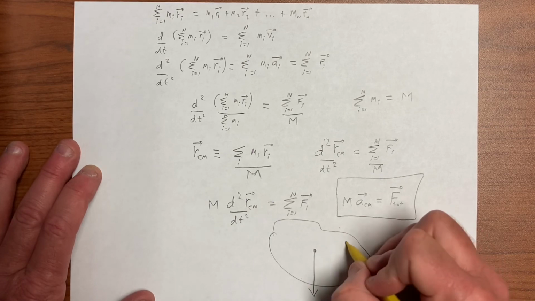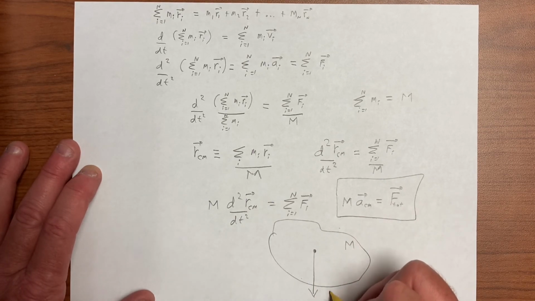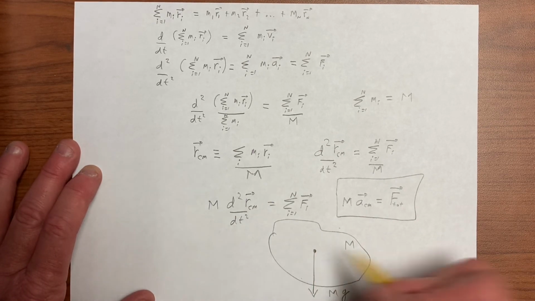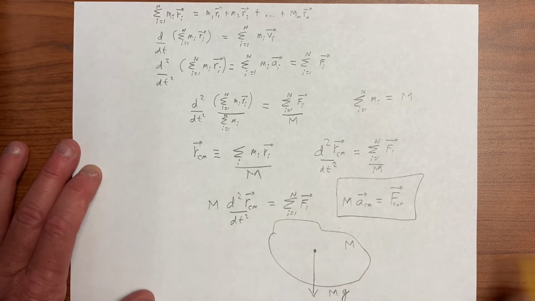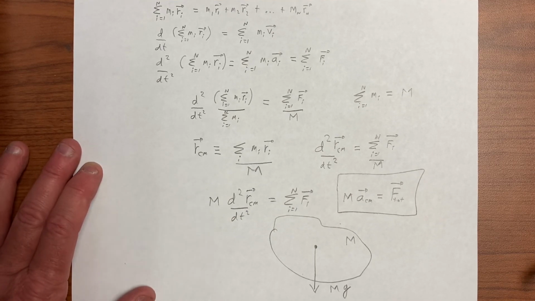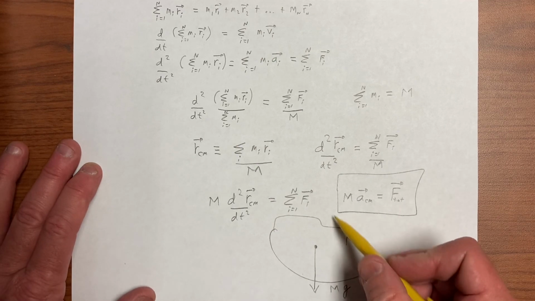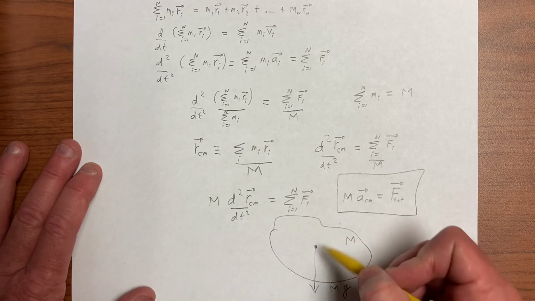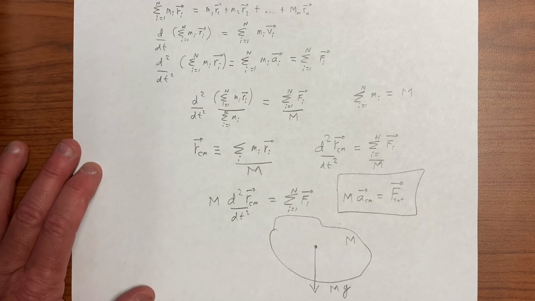So if the mass of this object is m, there's a net force mg acting at the center of mass, and if the mass is uniformly distributed, that's kind of like the geometrical center. And this is crucial for figuring out how the force of gravity either rotates or doesn't rotate the object about some point or some axis.